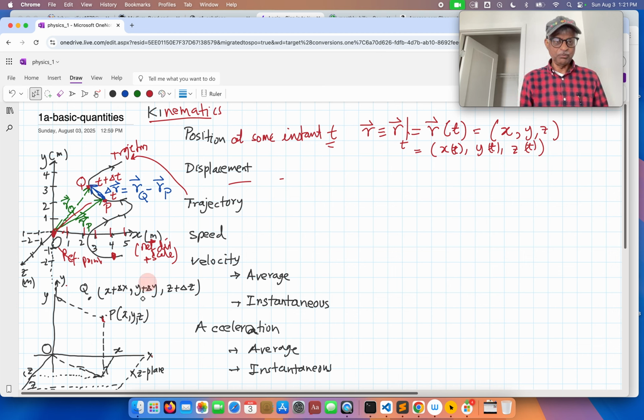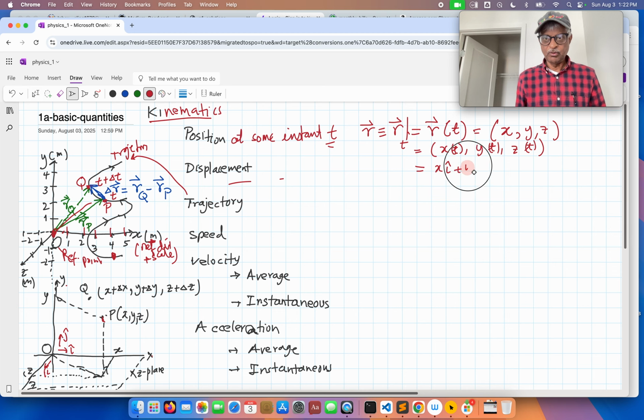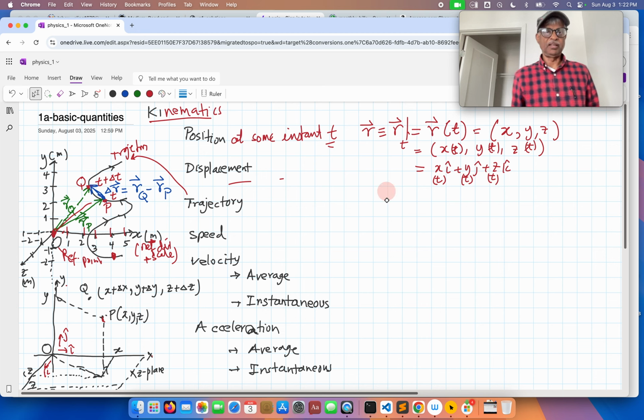And some other time I'm going to pick this direction as i hat, unit vector, magnitude 1. This will be j hat, and the thing parallel to this will be k hat. So these are the unit vectors of magnitude 1 and direction along those axes. So sometimes you can write in vector notation x i hat plus y j hat plus z k hat, or sometimes give specifically what the independent variable is.